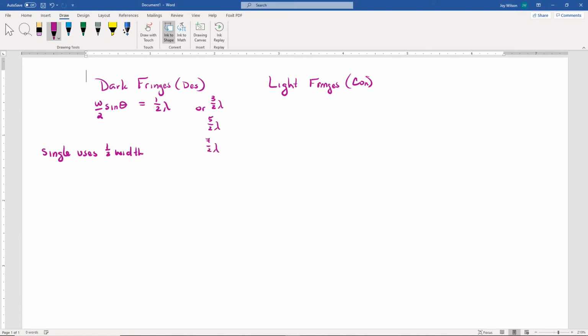Now keep in mind that you have to use symmetry. So if we have one on top, we also have a matching one on the bottom. But here's what happens on the algebra if you watch this. The 1/2s are going to go. So we get W sine theta equals, and if you look at these numbers, 1, 3, 5, 7, you're going to get a multiplier that counts the fringe.